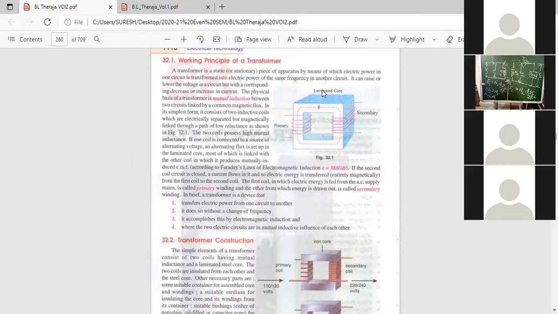Read this. Laminated core. What do you mean by coil first of all? This is the coil winding. Coil means winding, copper winding. Then what do you mean by core? Any idea, anybody?